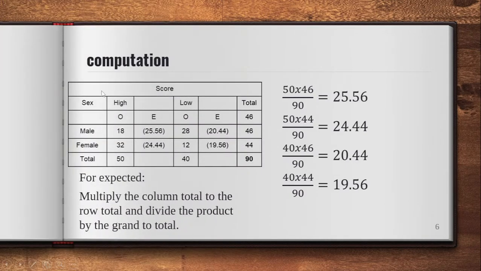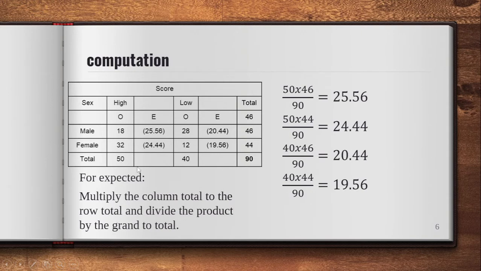In computation, we can see that the expected frequency in male is 25.56, in female 24.44, and for low, in male we have 20.44, and in female 19.56.